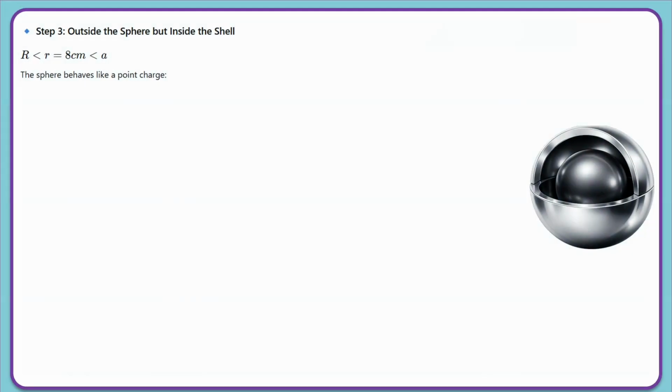Part B, R equals 8 centimeters. Now the point is outside the charged sphere, but before reaching the conducting shell. So the sphere behaves like a point charge, and we use Coulomb's law. The electric field is E equals 29.4 newtons per coulomb.